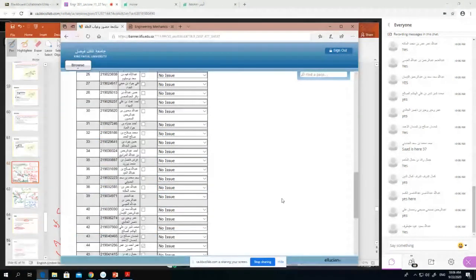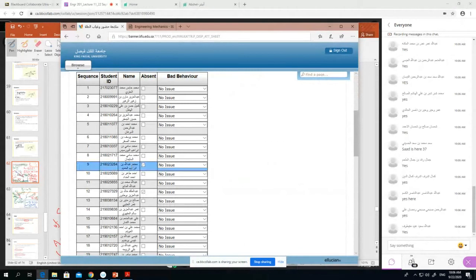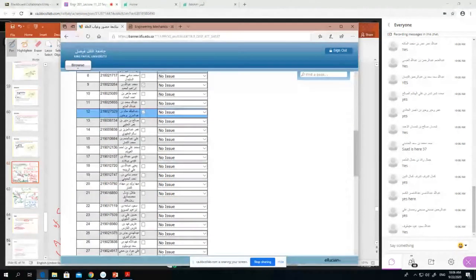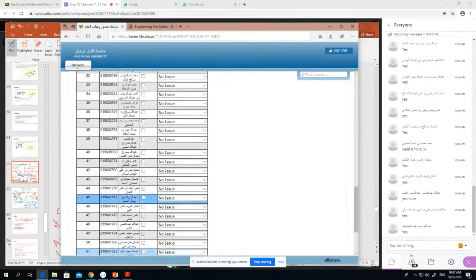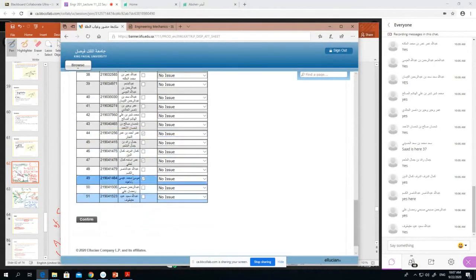Okay. Now double checking. So number 9 is Muhammad Abdullah Ibn Ibrahim. Abdullah Ibn Ibrahim absent. Then Abdul Malik Khaled absent. Right. Then Umar Ahmad bin Umar, number 44, absent.